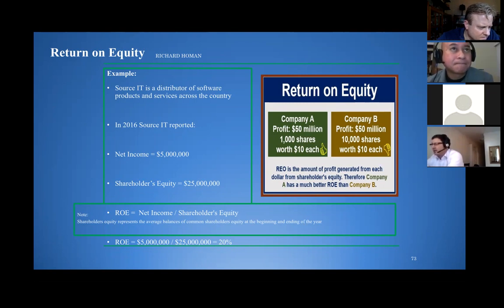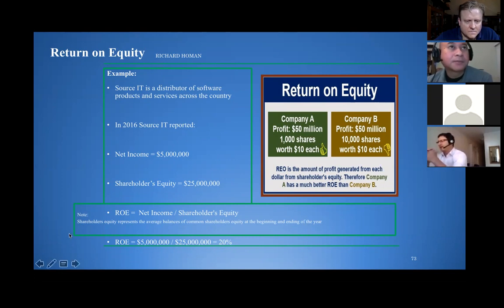So the ROE is simply 5 million divided by the 25 million, or 20%. And in this particular case, net income is based upon the 12-month after-tax profits, and the shareholders' equity of 25 million represents the average of the beginning and the ending year shareholders' equity.